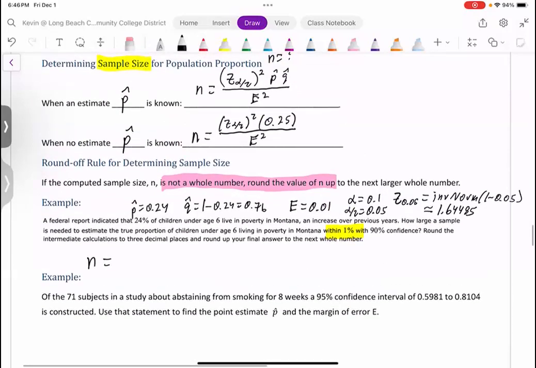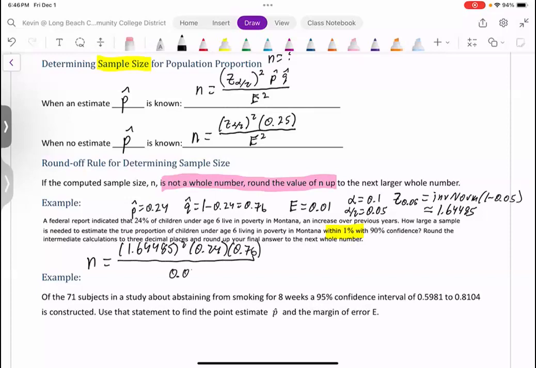And I'm going to be using the top one because p hat is known in this case. So I'm going to put 1.64485 squared times 0.24 times 0.76 divided by 0.01 squared.